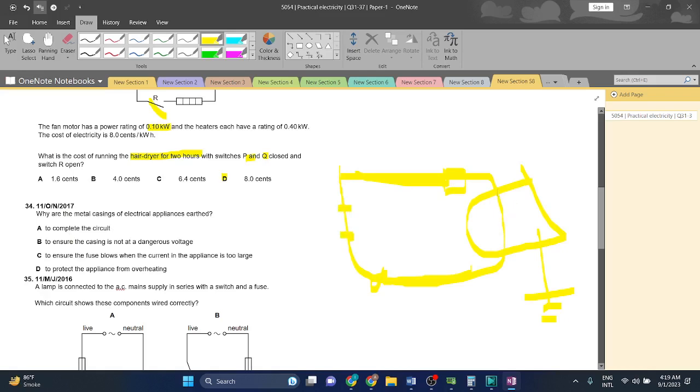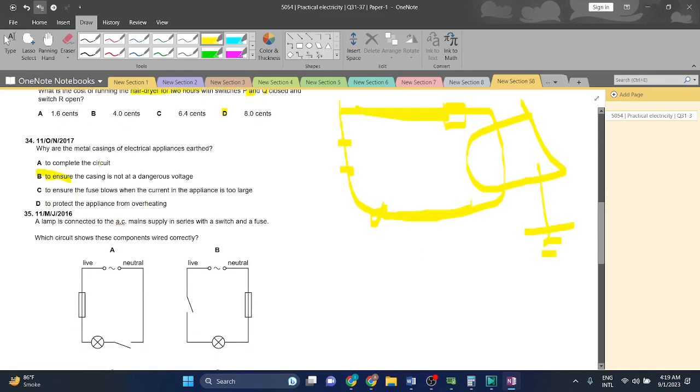The metal casing will become electrically charged, and when someone tries to touch the metal casing, they will get shocked. So what will happen is the earth wire will take in all the charge, and it will make it so that you can touch the appliance, the metal case, and not get shocked, to ensure the casing is not at a dangerous voltage. So B is the right answer.